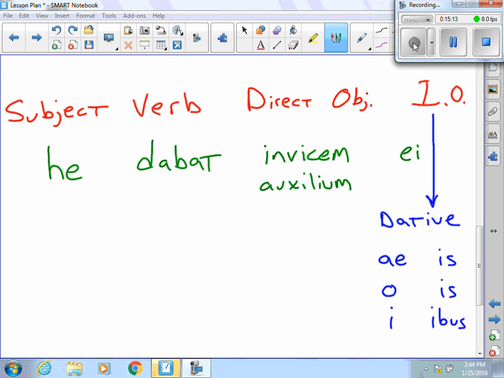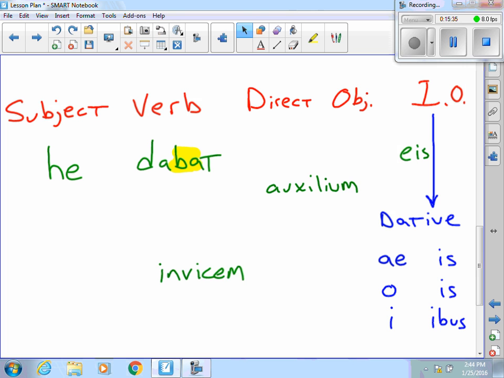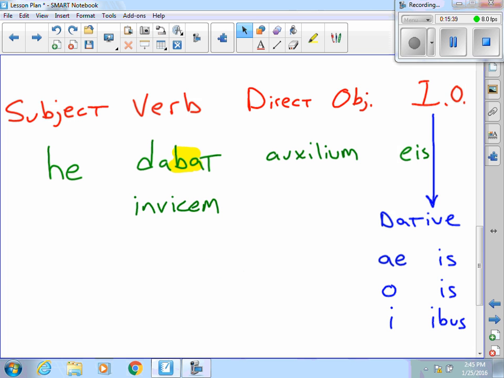I look at the ba. Does it have a marker? Yes, it does. BA. So I'm going to translate it as was or were. He was giving. I look at these next two words, and I have a little bit of an issue because I have two and they're not connected with an et or anything. So I look up this word invicem and I find out that it means in turn, so it's an adverb, and that means auxilium is going to be my direct object. He in turn was giving help to them. That's what that eis is.